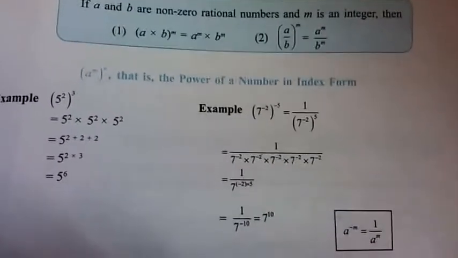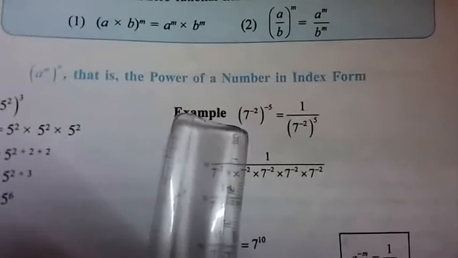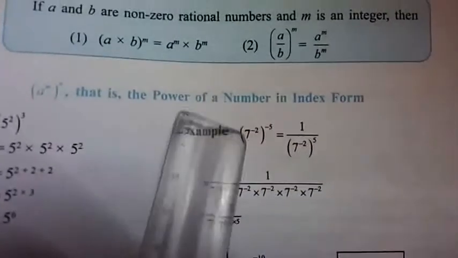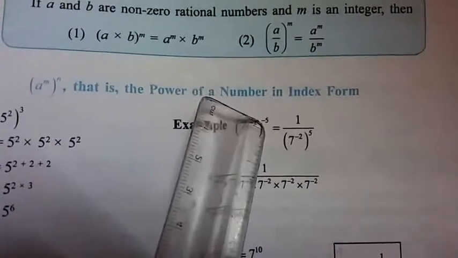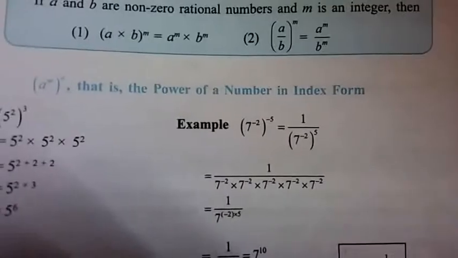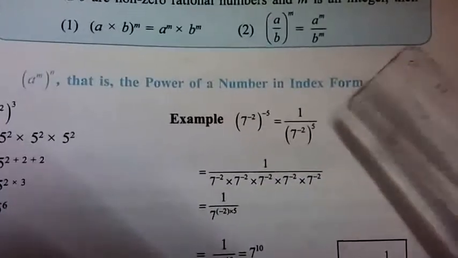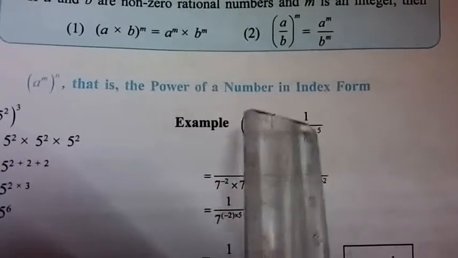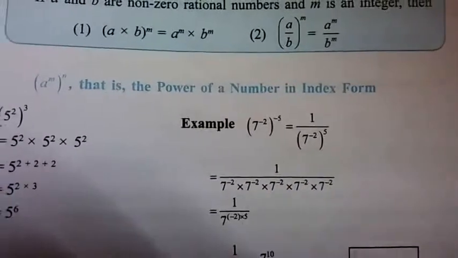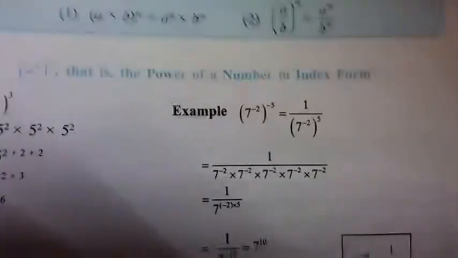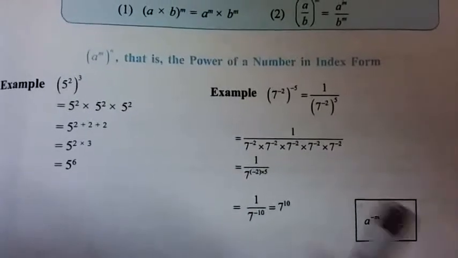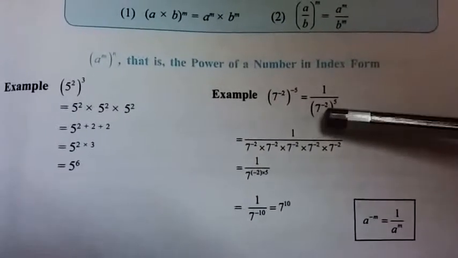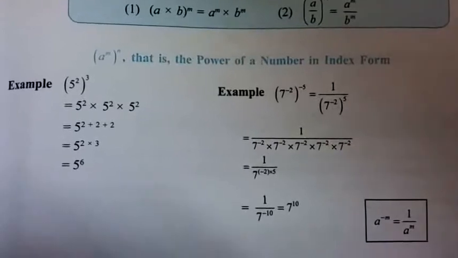Next example, (7 raised to minus 2) raised to minus 5. See here, the index is negative. For making this index positive, what are we doing? We are writing 1 upon (7 raised to minus 2) raised to 5.